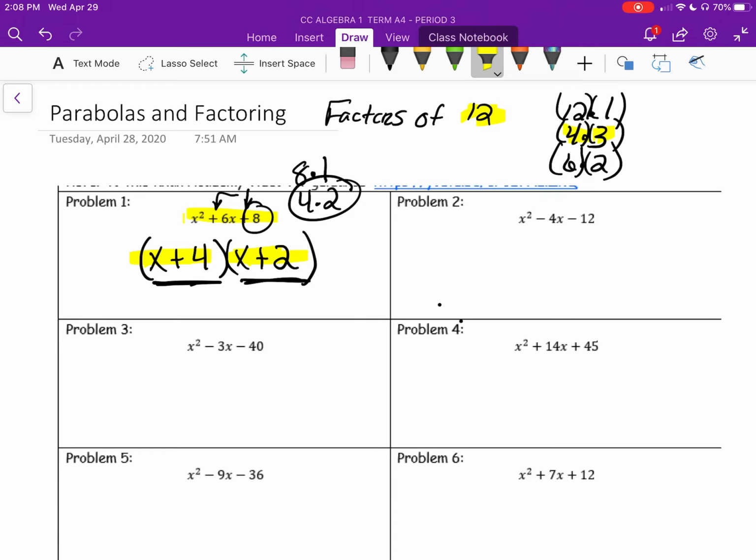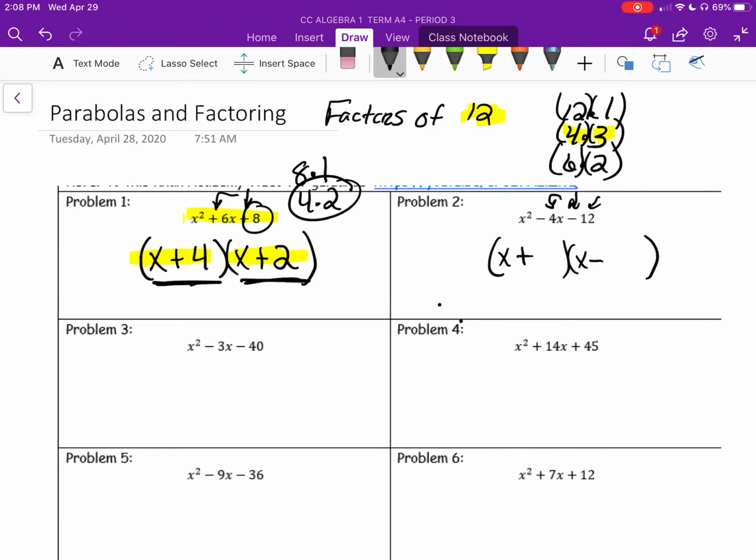All right, let's try example number 2. So again, this is like a number here. We're just trying to figure out how did we get that number. So we're going to start with x and x. Now we have a minus at the end, and if there's a minus, we get to put a plus and a minus. And now we're going to write out the factors of 12. Well, we already know them. They're right up above. So I want the factors of 12 that subtract to give me negative 4.